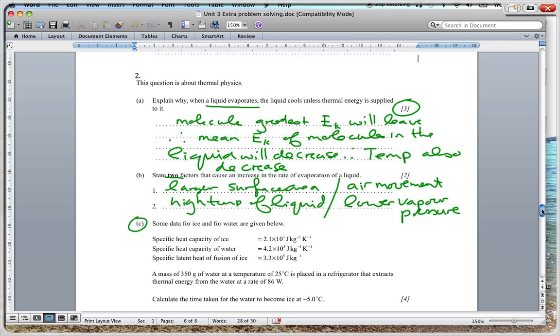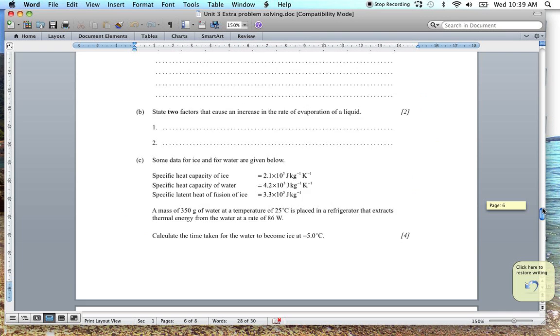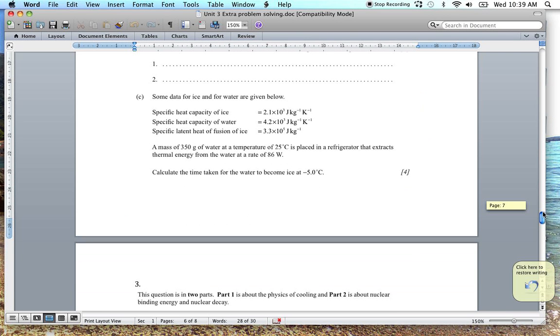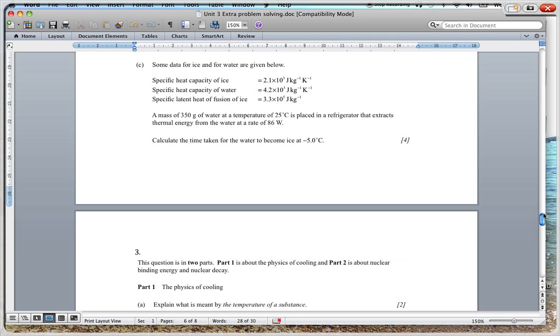Okay, going on to C. Some data for ice and water are given. We have the specific heat capacity of ice. That's to change 1 kilogram by 1 Kelvin, you're going to need 2.1 times 10 to the 3 joules.